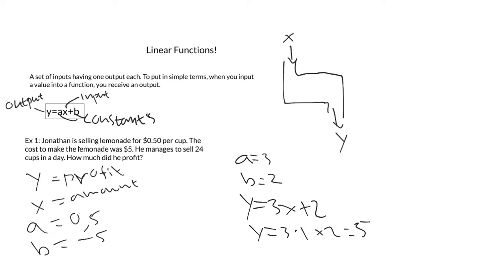What this will get us is that if he sells 24 cups, x is the amount of cups, since it's the input, we're going to get y equals 0.5 times 24 minus 5. Got a bit ahead of myself there, which is going to be 12 minus 5.